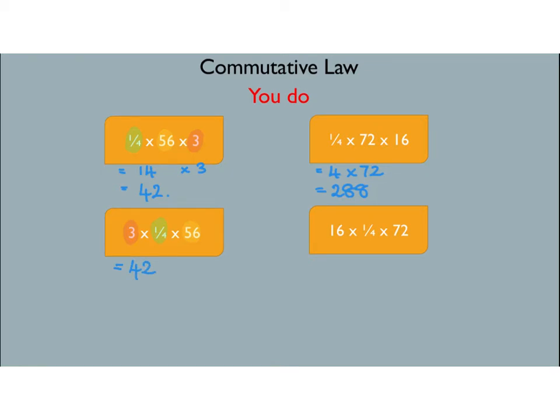Okay, and last one, a quarter, and a quarter down there, 72 in both, 16 in both. So those two questions are both the same, so we have got an answer of 288 for that one.